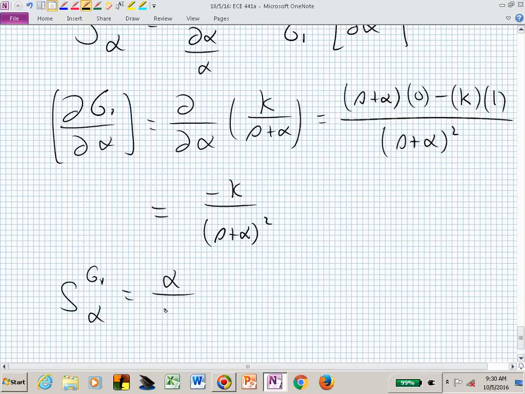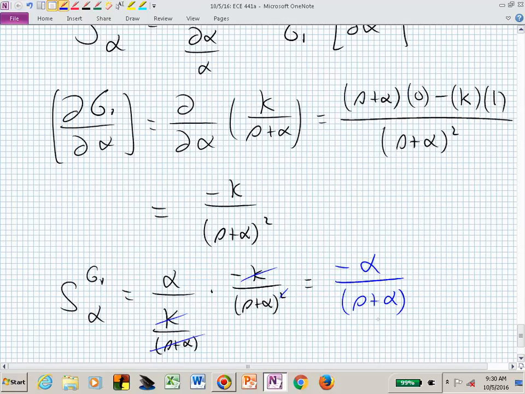This was alpha over G1, and G1 was k over s plus alpha times minus k over s plus alpha squared. K's cancel. One of the s plus alpha factors cancel, and we have minus alpha over s plus alpha.